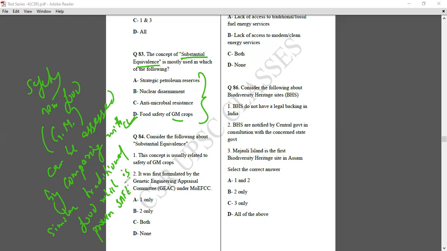That concept is called substantial equivalence. It is related to food safety, like how to know whether genetically modified crops are safe or not, because that's a big debate, right? So this concept is used in that topic, that is, food safety of genetically modified crops.